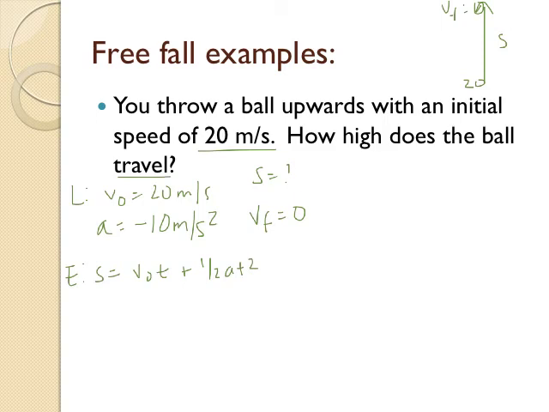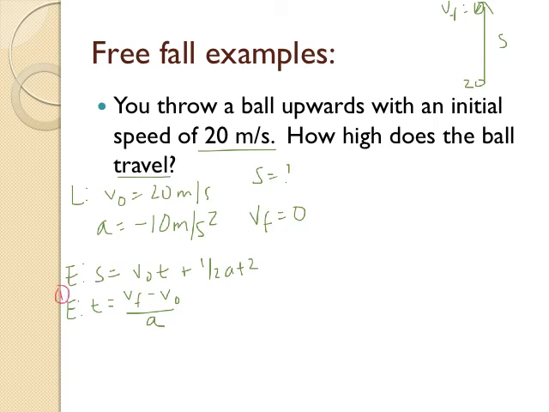Okay? So eventually, yes, we will use that equation. But first, we have to find out time. And we have an initial velocity, a final velocity, and an acceleration. So the first equation we're actually going to use is this one. Time equals VF minus VO over A. Okay, so this is what we're going to do first.